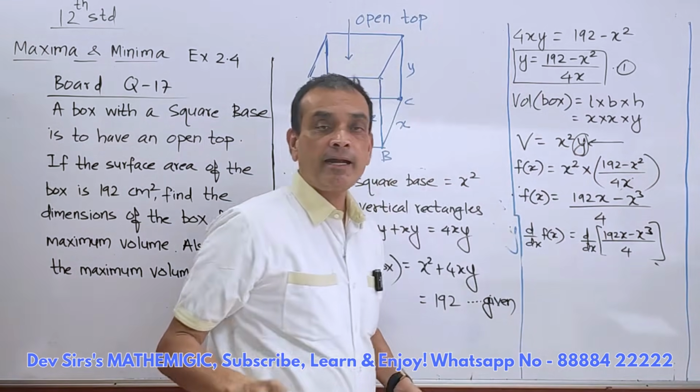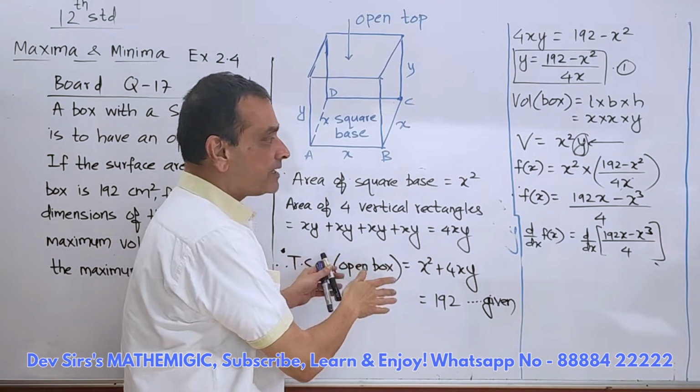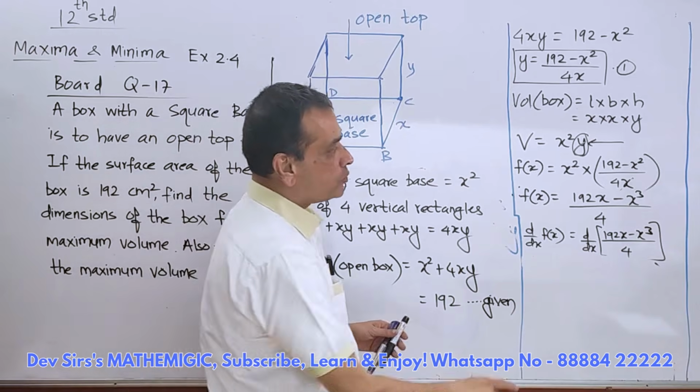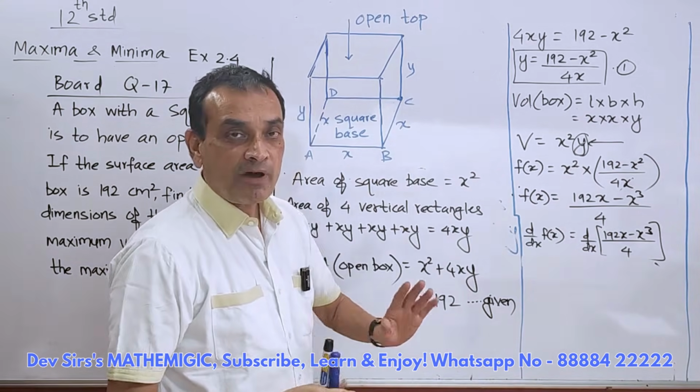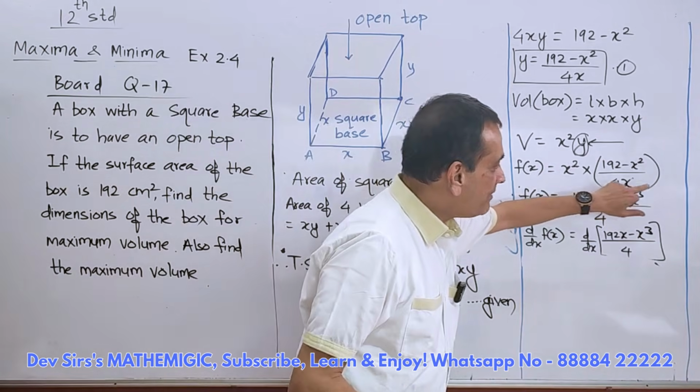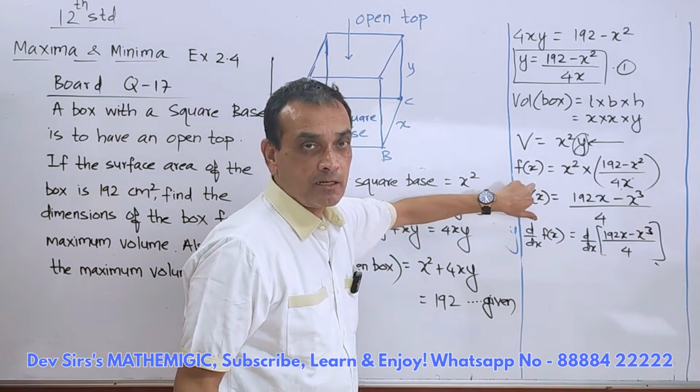That is the reason that value of y is very important from the first given condition, because only when you replace the value of y, after y goes सब जगह पे x आना चाहिए, then only you can call it as fx.